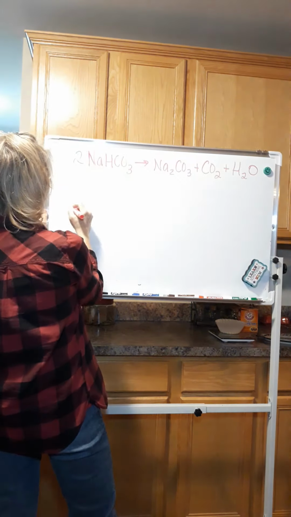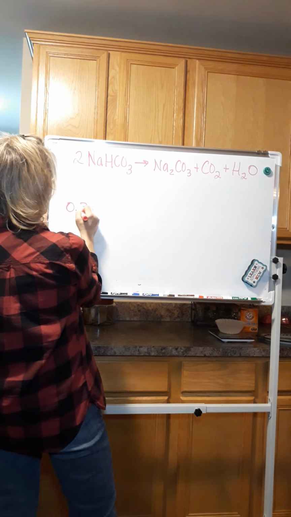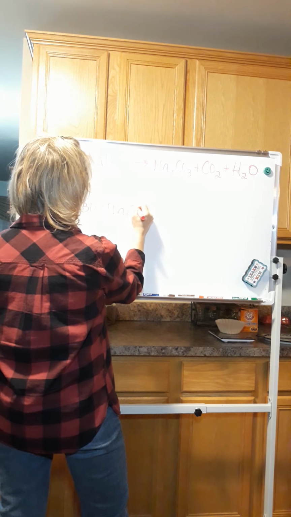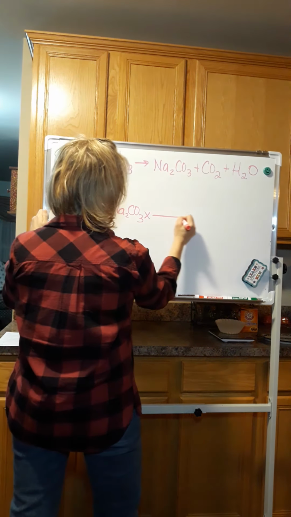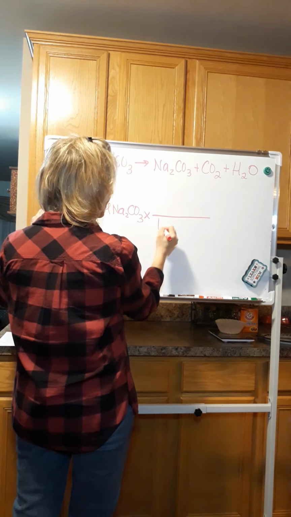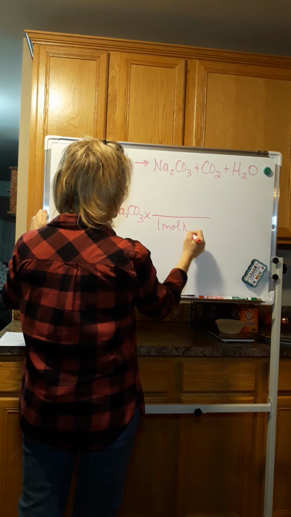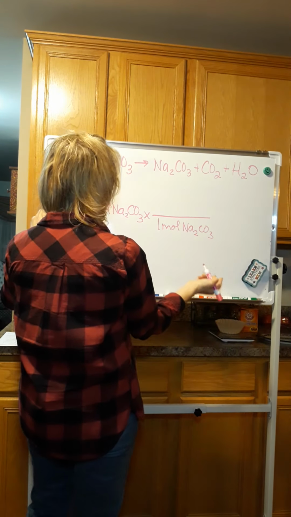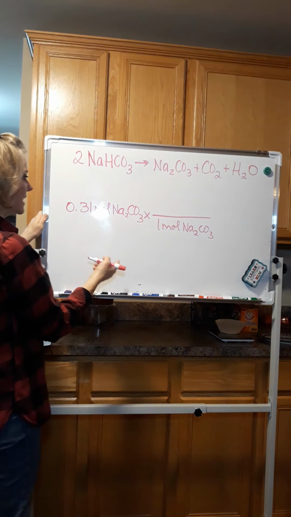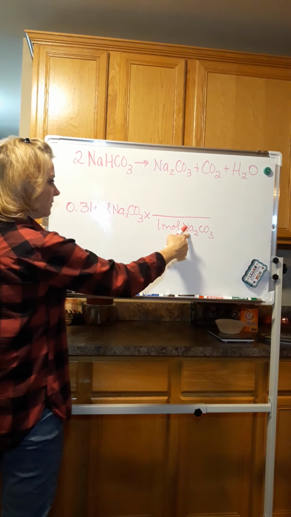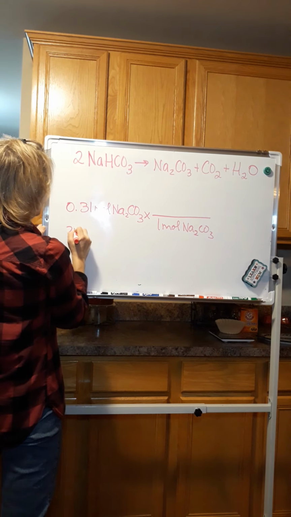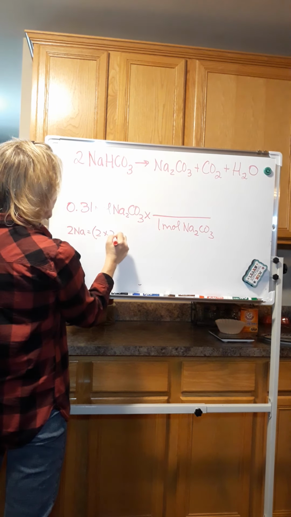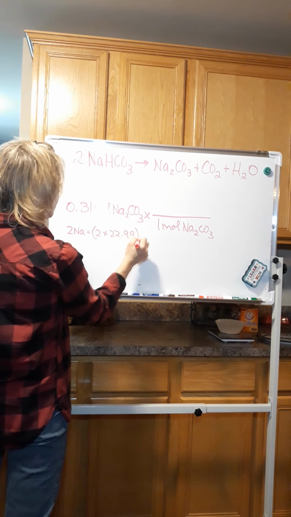All right, so I'm starting with 0.31 moles of sodium carbonate, and I need to change it to grams. I know that 1 mole of any substance is equal to the molar mass of that substance. So I have to calculate the molar mass of sodium carbonate. So I have 2 sodiums, which equal 2 times 22.99.